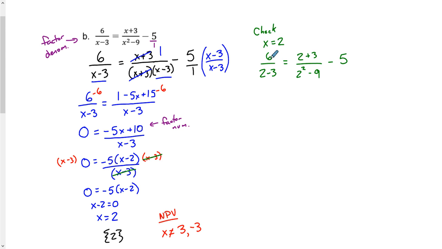And then let's simplify. 2 subtract 3 is -1, so this is 6 over -1. 2 add 3 is 5. 2 squared is 4.